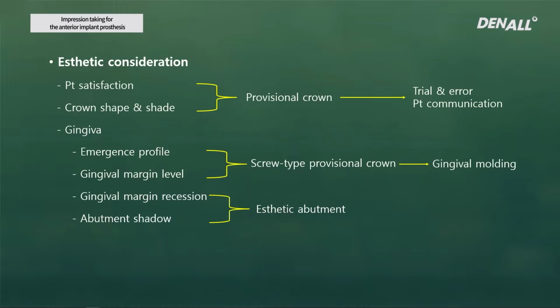To have gingiva molding, the running room area of the temporary, what goes through the gingiva area, needs to be revised, and then you observe the gingiva. The temporary needs to be taken out often, so rather than a cement type, a screw type is more convenient.